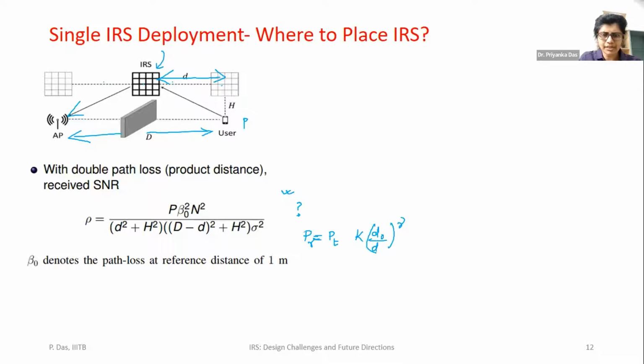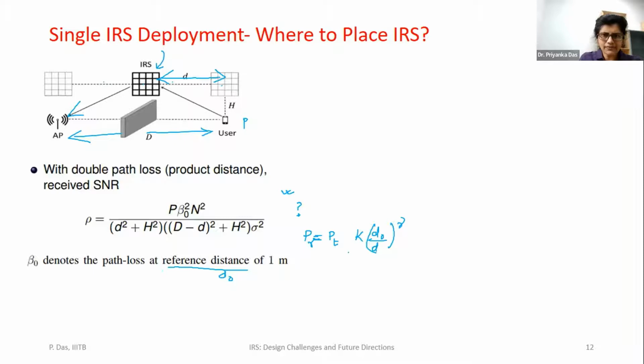Your professors will teach that received power is transmit power into some constant k d naught by d whole to the power gamma. For example, gamma is 2. This is the path loss exponent. d naught is the reference distance, and d is the distance between transmitter and receiver, and k is the parameter. It's a constant. It will depend on wavelength and so on.